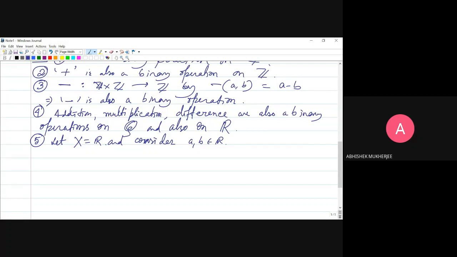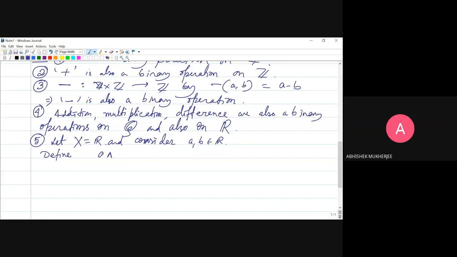What are those? One is the maximum of A and B, and another one is the minimum of A and B, right? So suppose for minimum you denote it as this one, that is called cap.